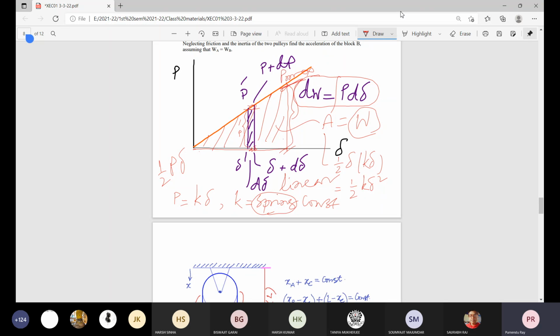But this force is not playing that role that a constant force P is applied to produce a displacement delta. It is not in that way. So it is increasing corresponding to the displacement gradually starting from 0 to the maximum value. So this half P delta is the work done. The area.